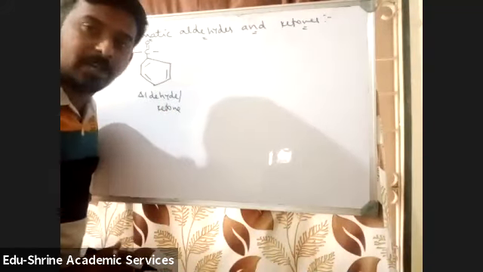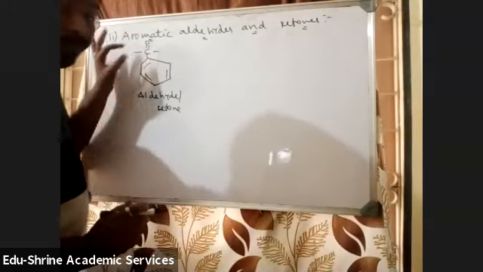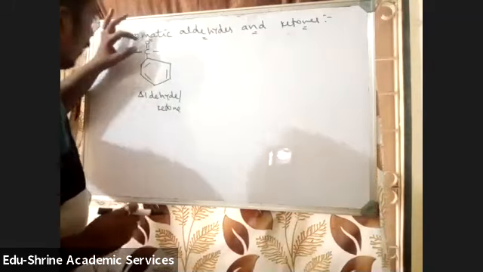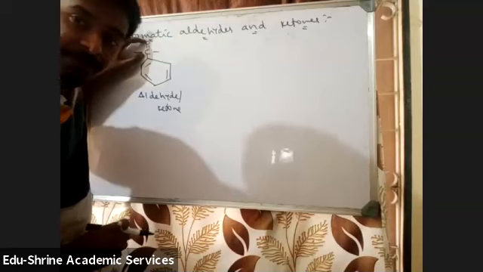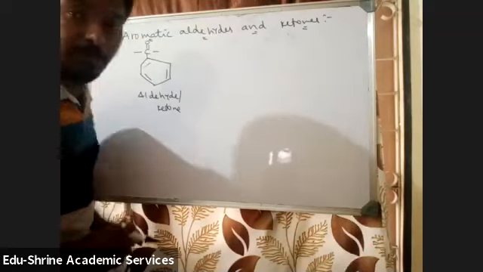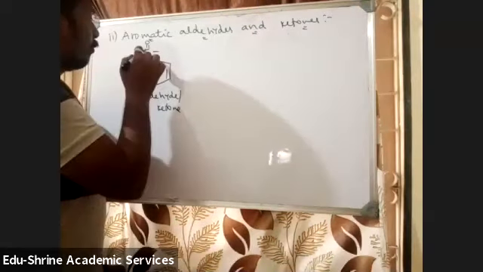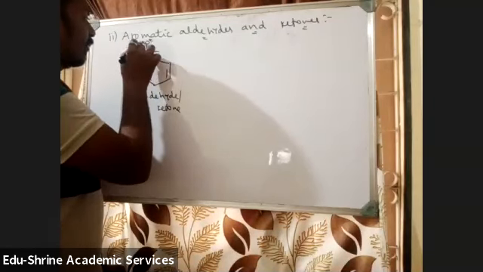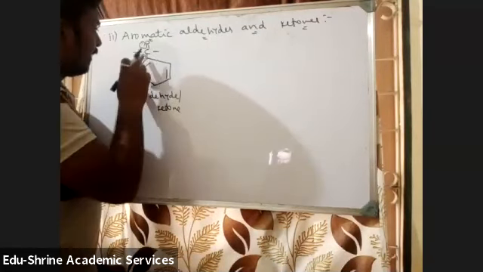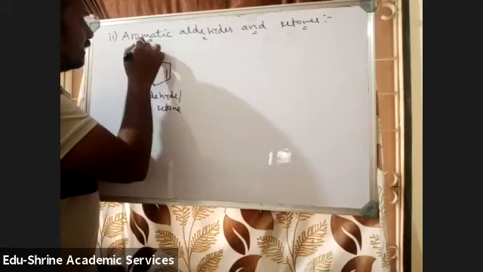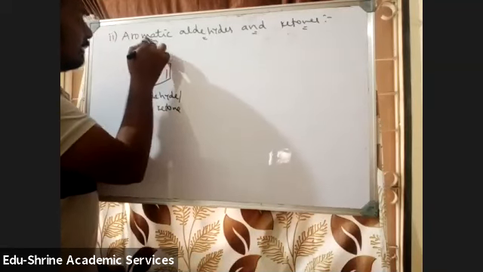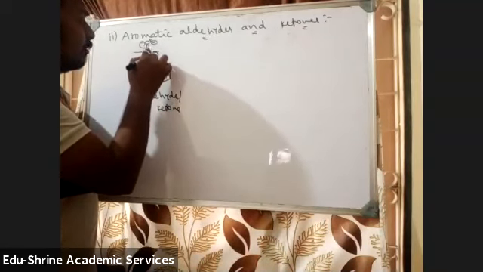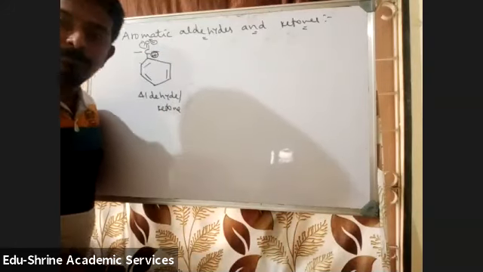Very good. It is an electron withdrawing group, because the C double bond O group has unsaturation between the first atom and the second atom. So what will it do? It will try to take the electrons from benzene. When this is polar and the electrons shift, on oxygen you get a negative charge and on carbon a positive charge.